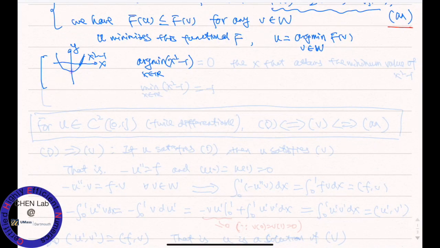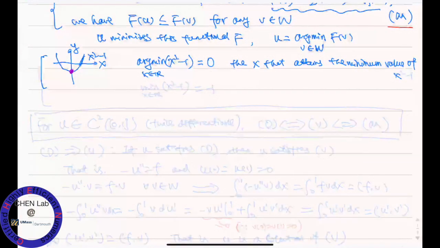We can clearly see it's a quadratic function, so this location is where the function takes the minimum value. The argument that gives you the minimum value of the function is 0. That's the x that attains the minimum value of x squared minus 1.